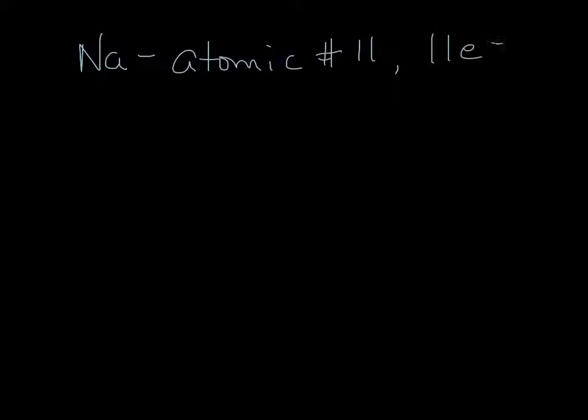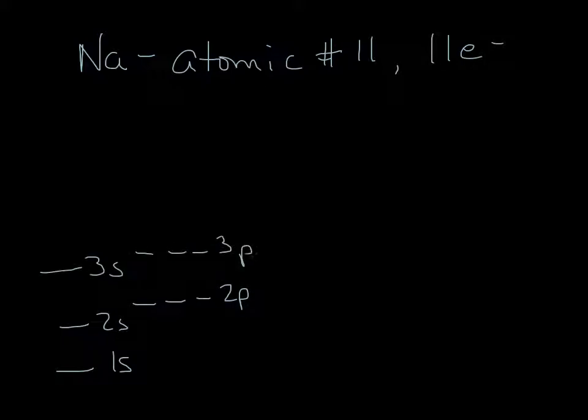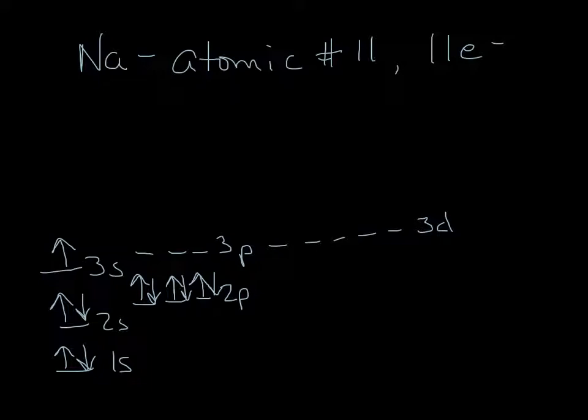Okay, let's look at another example. Let's try sodium. Sodium on the periodic table, atomic number 11, means that it has 11 electrons. I'm going to start at the bottom, always the same pattern, 1s, then 2s, then 2p, then 3s, 3p, 3d. 1, 2, 3, 4, 5, 6, 7, 8, 9, 10, 11.